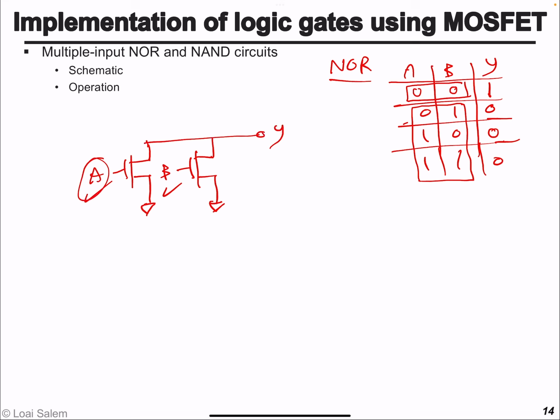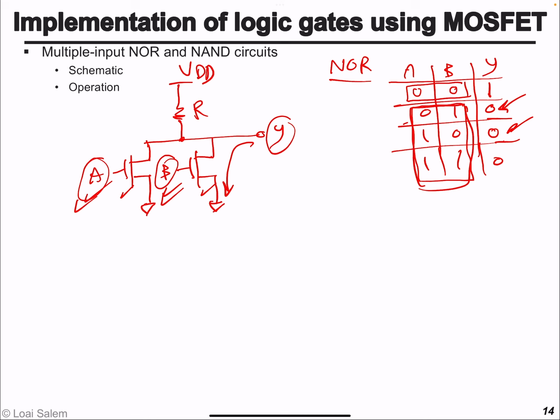If A is 1 or B is 1, this transistor will turn on, or this transistor will turn on, which pulls down Y to the ground. Otherwise, we have a pull-up resistor that pulls up the output Y to VDD. Okay, so if A is 1 or B is 1, these 3 cases, it will be pulled down to the ground. Otherwise, both transistor A and transistor B will be open circuit, and so this resistor will pull up Y to VDD, and we get this case.